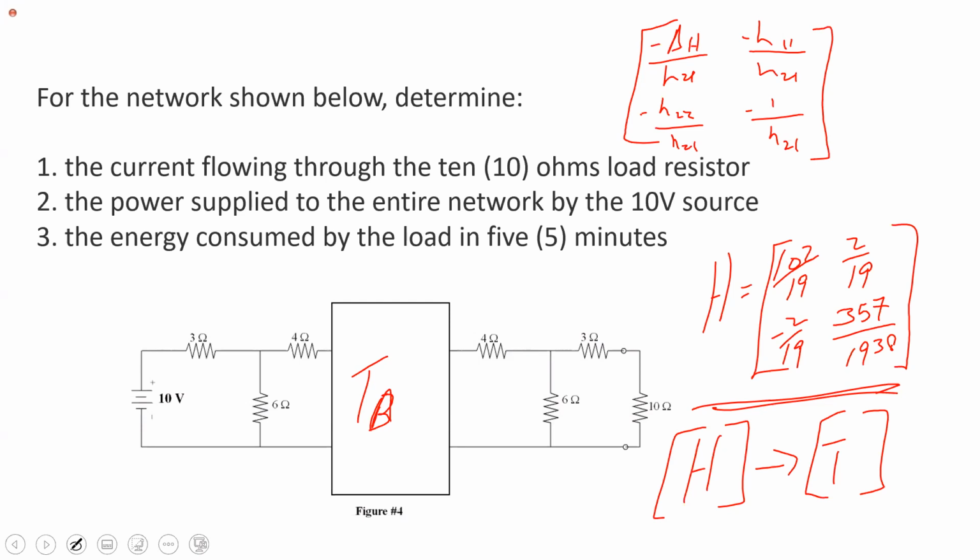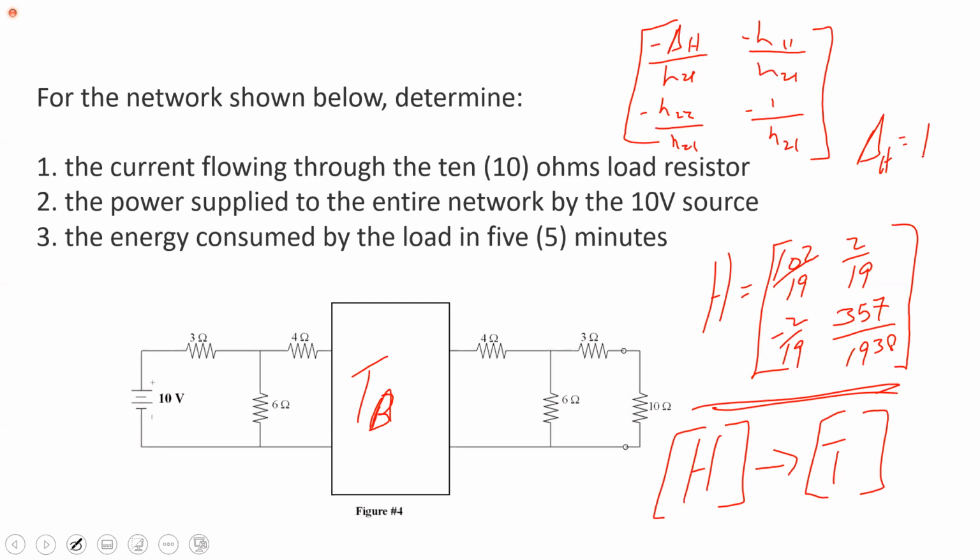So you convert, delta H is equal to 1. With delta H equal to 1, right away you are seeing that it's a symmetrical network, but it may not be very obvious.